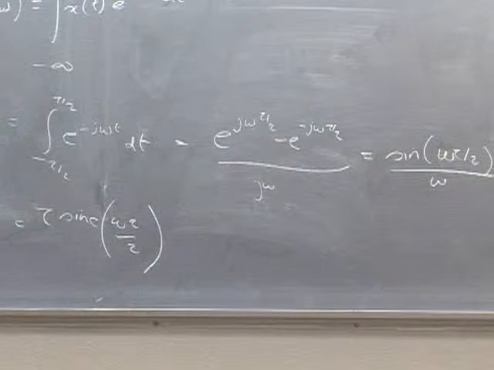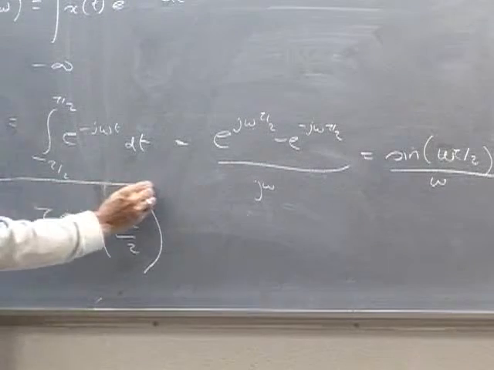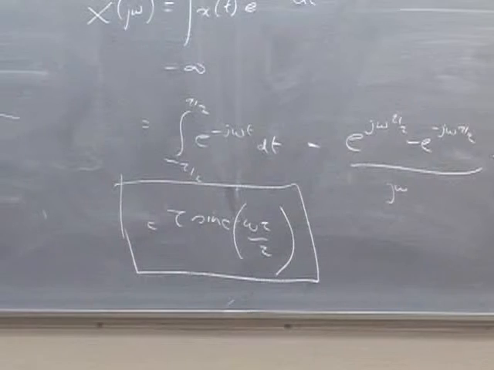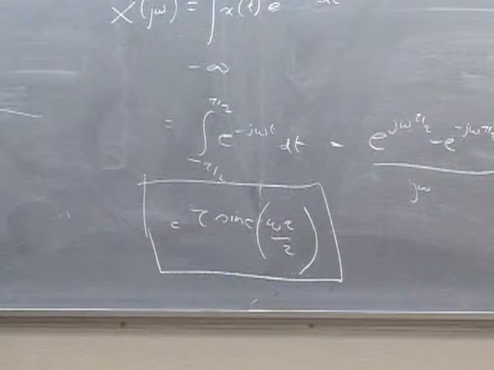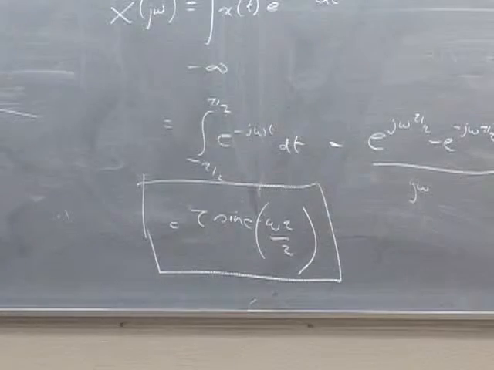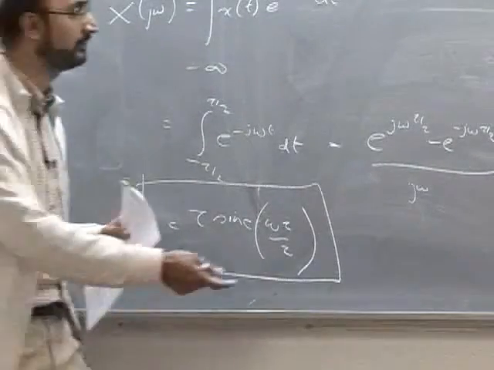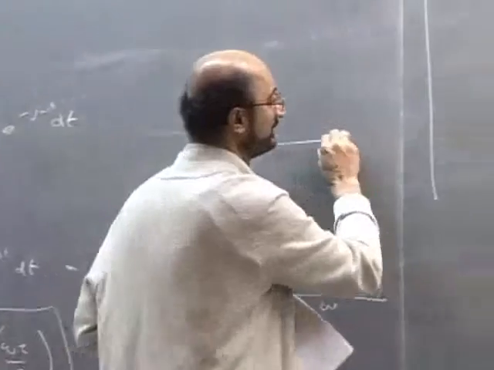And so this is basically the Fourier transform of a single pulse, and what does it look like? It's a sinc function. So we get the sinc function again.